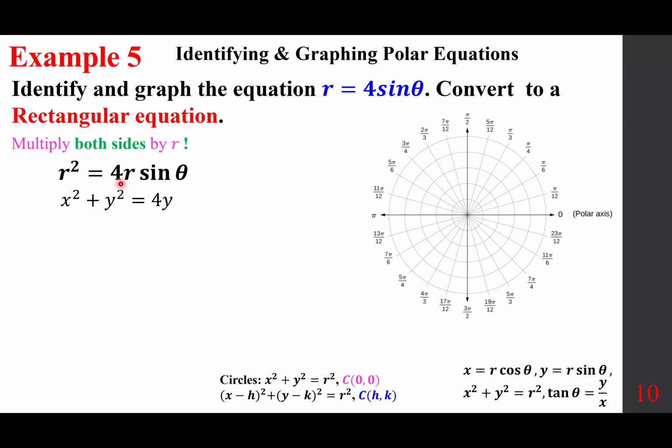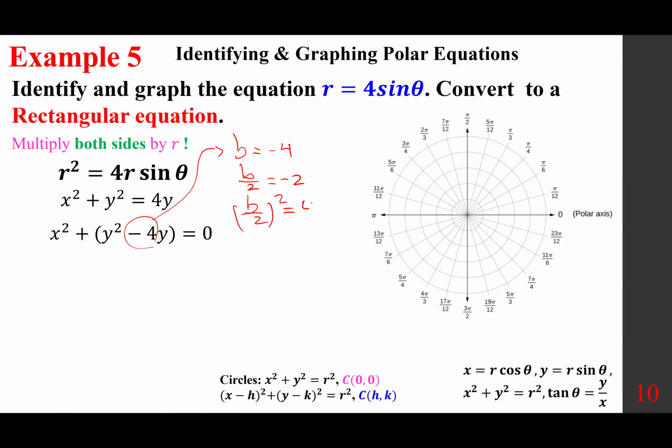One more time. R squared can be replaced by x squared plus y squared. R sine theta can be replaced by y. We're going to bring everything to the same side and put the 4y next to y squared. Now we're going to complete the square. This is -4, divided by 2 is -2, squared is +4.